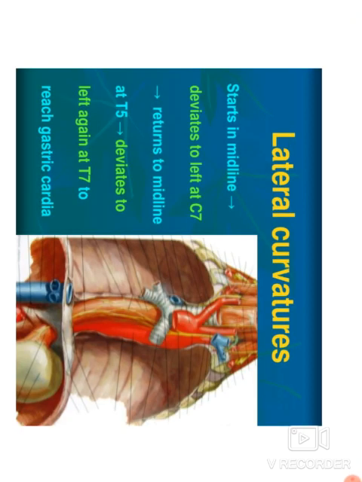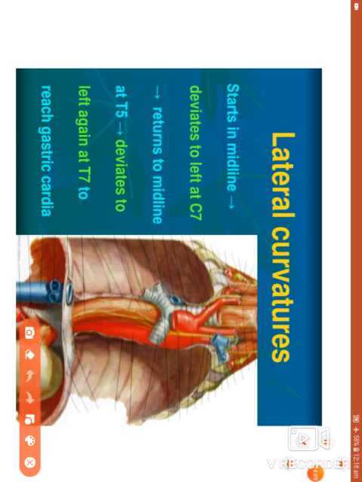Then here you can see the lateral curvatures. First, the cervical part: at the level of C7, before entering the inlet of the thorax, it deviates slightly to the left. This deviation is not very clear in this image.